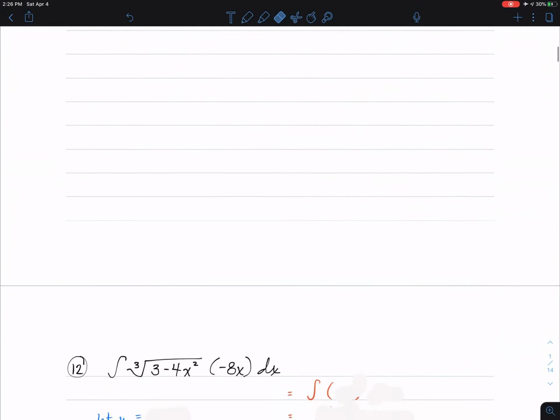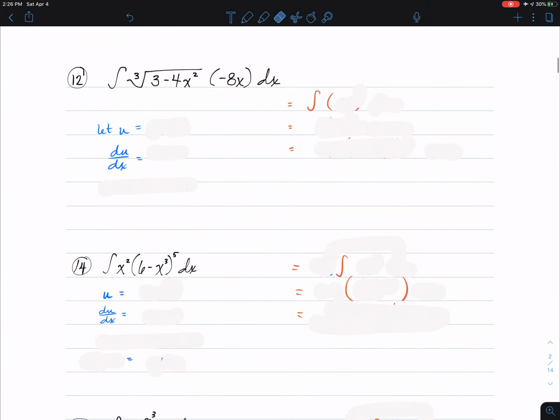And that is our indefinite integral. All right, let's go down to the next example. So once again, let u be what's on the inside. So that's going to be 3 minus 4x squared. And so automatically I know that this piece is going to be a u. So I'm going to go over to where I'm starting to substitute, and I'm going to have u raised to the 1/3 power, rewriting the cube root as a 1/3 power. All right, let's come back over to the left side, and get the derivative.